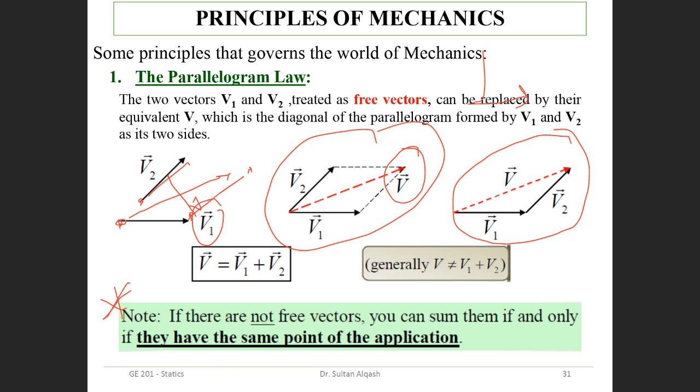If they are at 90 degrees between the two components, let's say, for example, like this, if V2 is like this, we still have the same. This is called rectangular components, V2, V1, right? We discussed that in the previous slides.